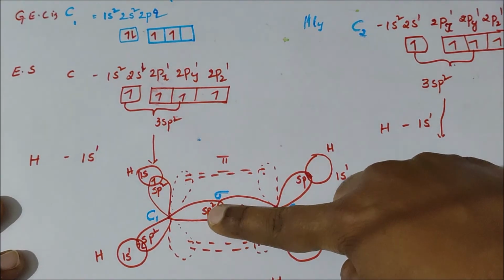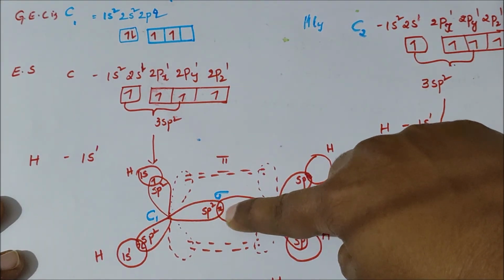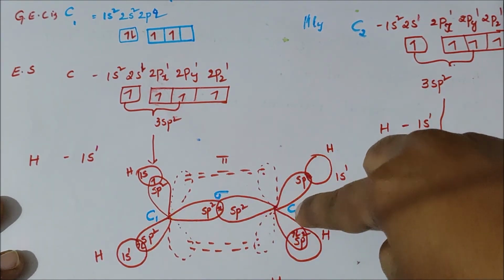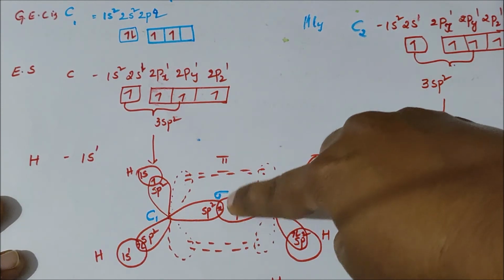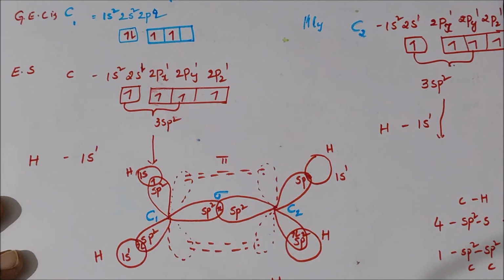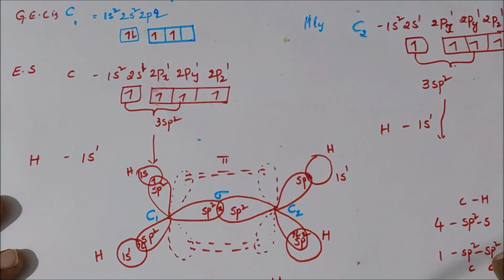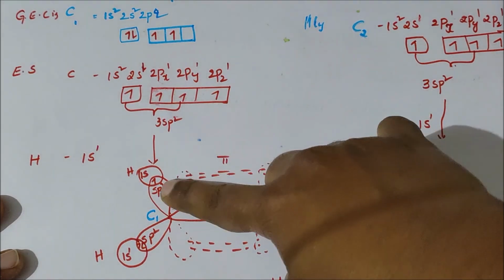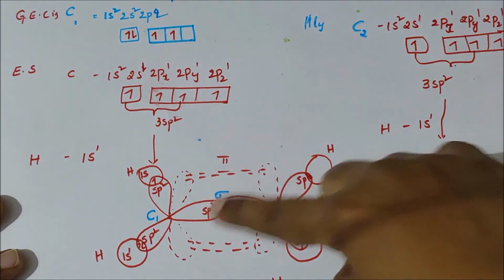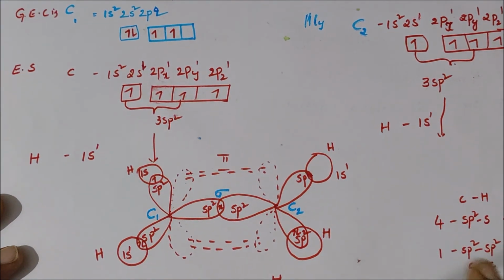The sp2 orbital of one carbon carrying one electron and the sp2 orbital of the other carbon carrying one electron pair to give a sigma bond, by side by side overlapping. And the pz orbitals overlap to give a pi bond. It looks like this.